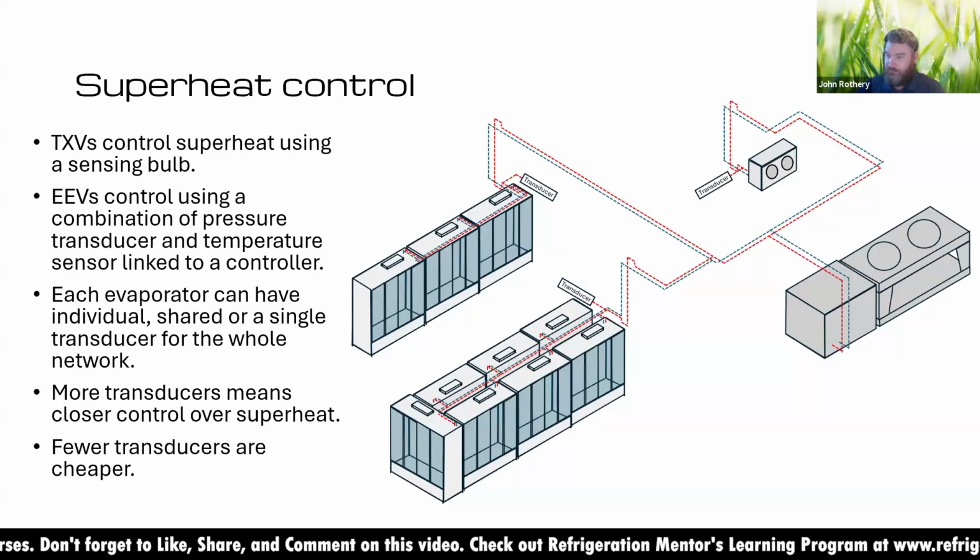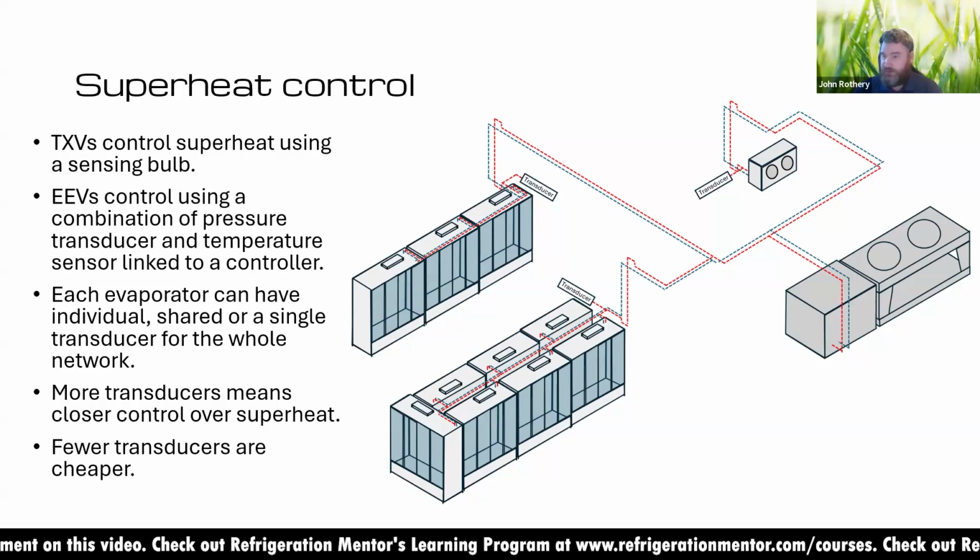Whereas if you've got one transducer per fixture, you can see it quite clearly that if a transducer does fail, it'll be that one cabinet. And if the valve goes into a sort of emergency operation of 0 to 100% modulation, you're not going to get so much flood back to your compressors.